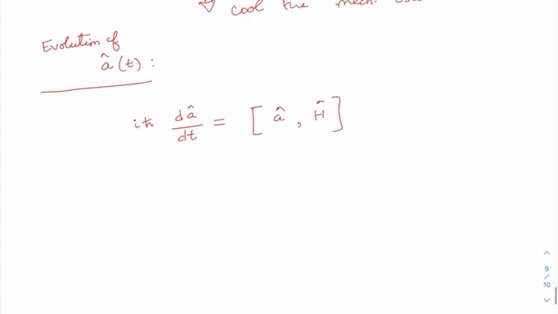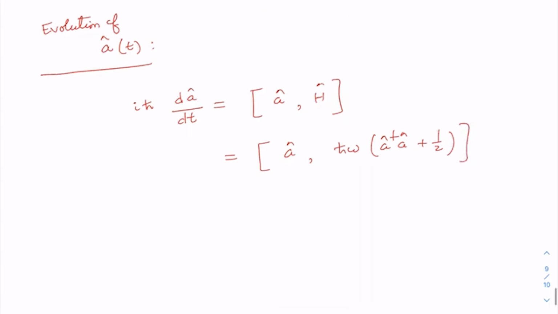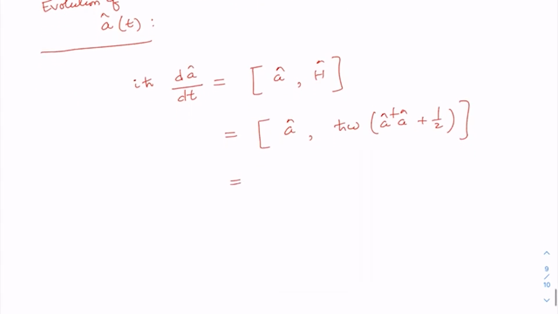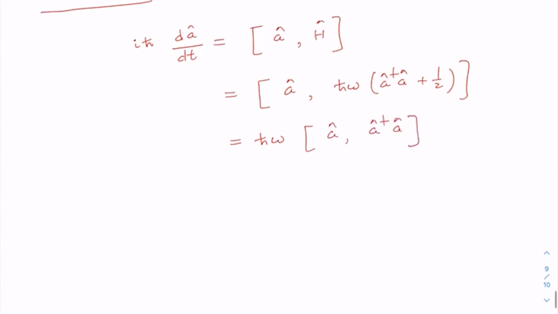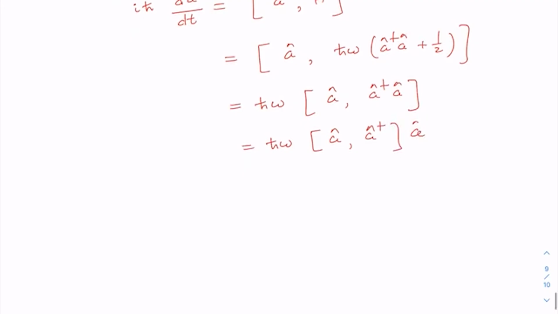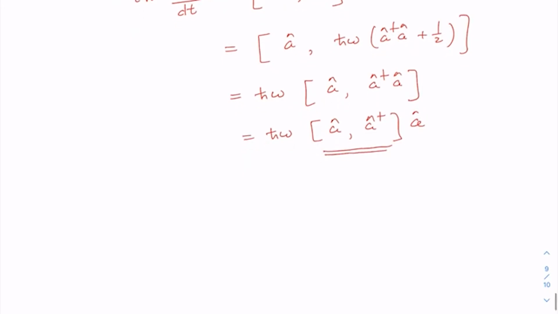Here H is the harmonic oscillator Hamiltonian, ħω(A†A + 1/2). The ħω/2 is a constant term, so it's not going to contribute. So we can write H as ħω A†A, and you know the commutation relation between A and A† is equal to 1, so we'll have ħω A.